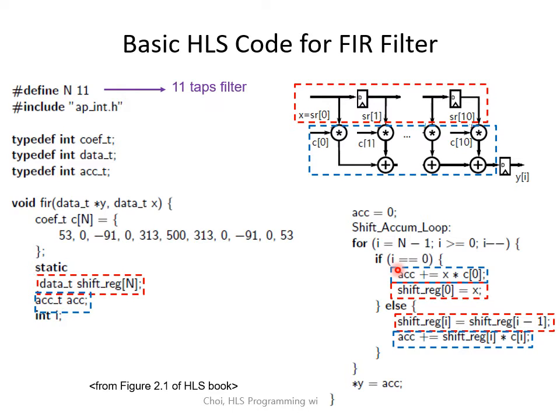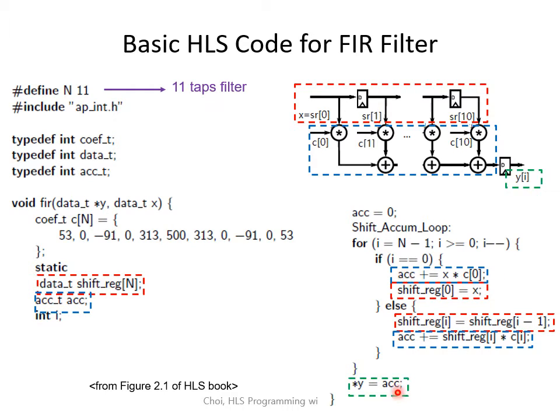Next, let's try to do the multiplication and the addition. You're multiplying the value of the shift register and the coefficient for each tap and accumulating into the acc variable. And this is done in a separate clause when i equals 0.